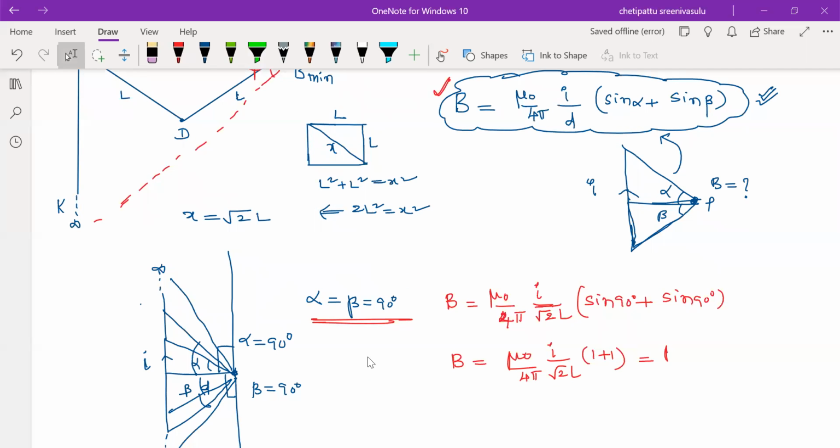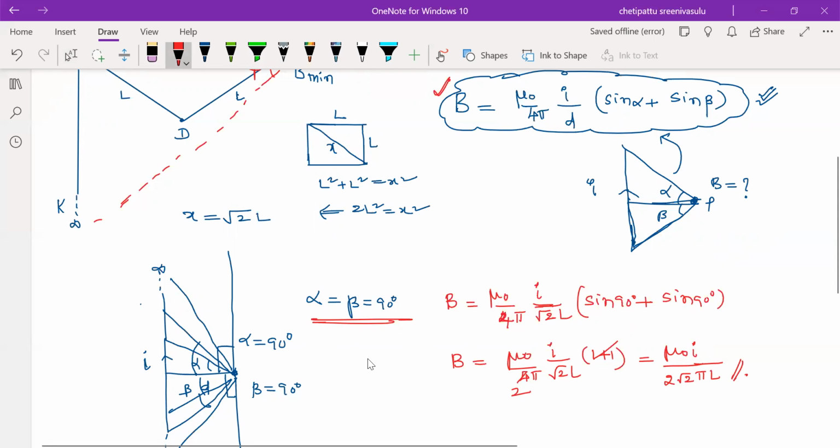It will be mu naught I upon, here the 2 times will go, this is 2 pi, 2 root 2 pi L. This is the answer for this.